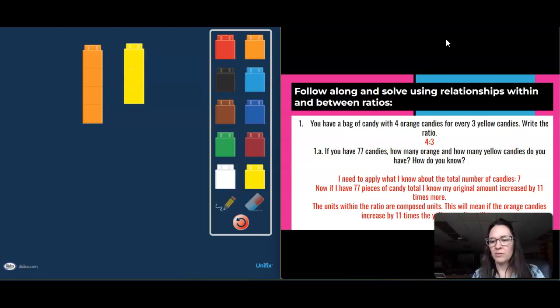So if we apply what we know about the total number of candies, which was 7 to begin with, now if we have 77 pieces of candy, we know that our original amount increased by 11 times. The units within the ratio are composed units. That means if the orange candies increase by 11 times, the yellow candies will increase by 11 times as well.